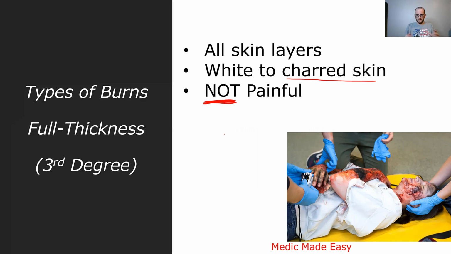So if we were able to take some person's arm there, and if there was an isolated full thickness burn that burned through all of the skin layers, it burns through the epidermis. It burned all the way through the dermis as well. And the dermis, we said, is where the blood vessels are, but also where those nerves were.